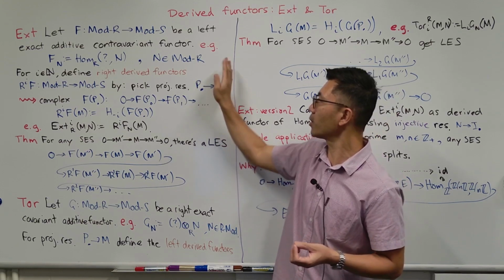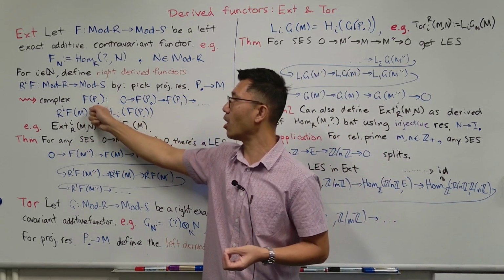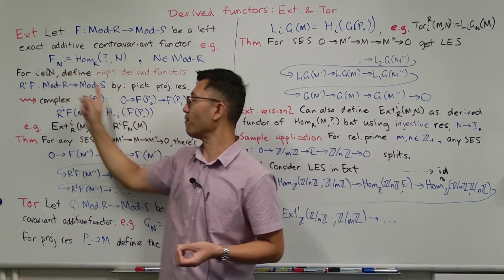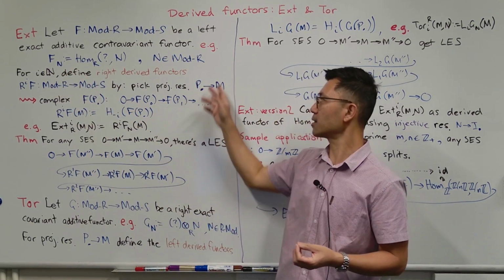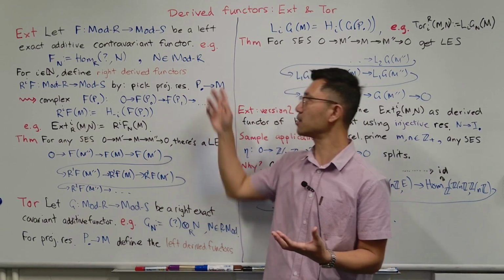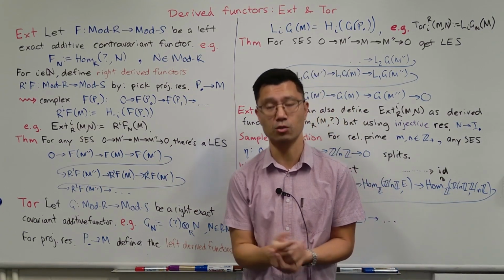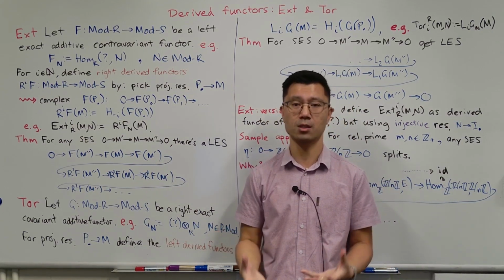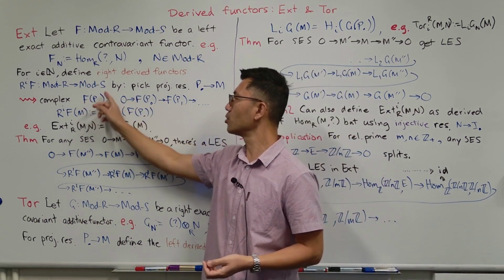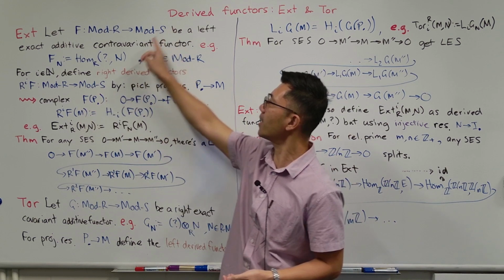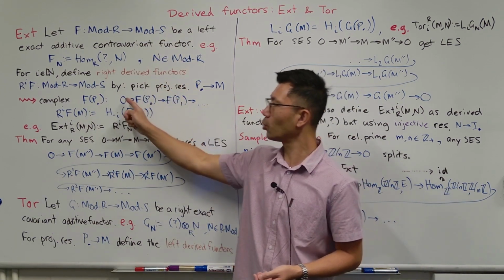Then we forget the M, look at just that P dot, and apply the functor F. Remember, we're replacing M with, in some ways, a simpler skeleton. It's simpler in the sense that you're using projective modules, but more complicated because it's now a complex, not just a module. So we apply F to this P dot, and remember F here is a contravariant functor, so it'll look something like this.